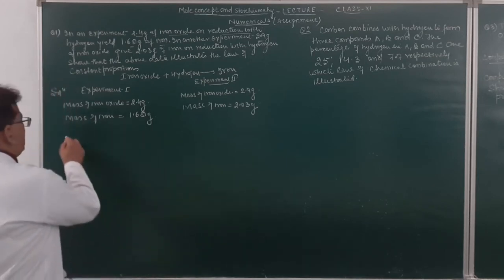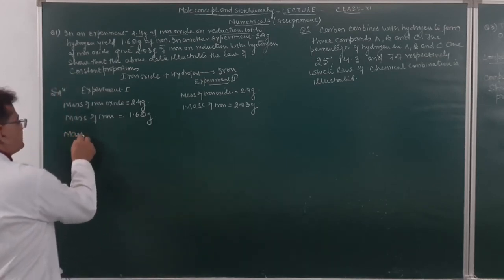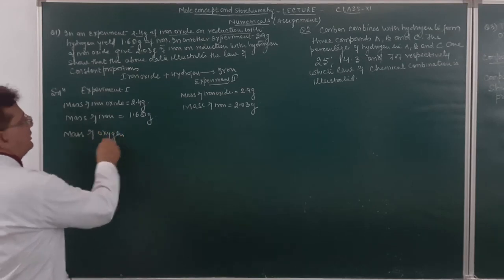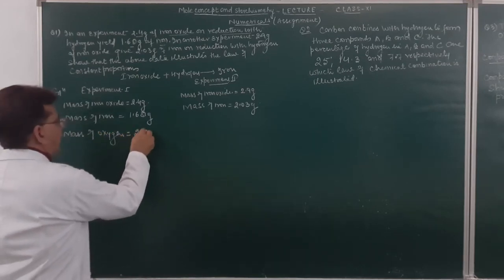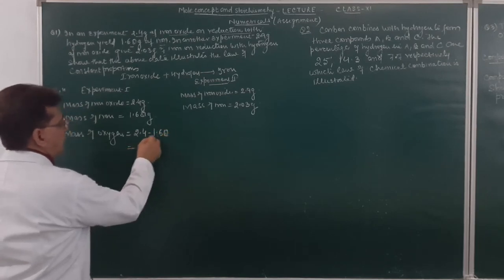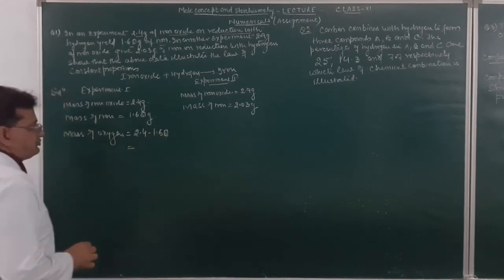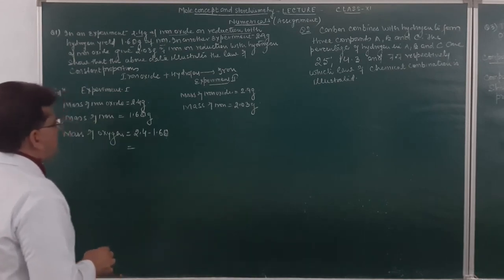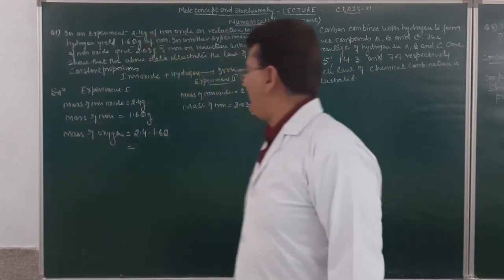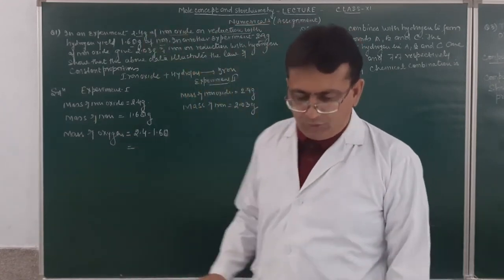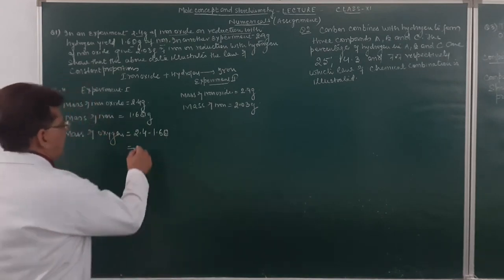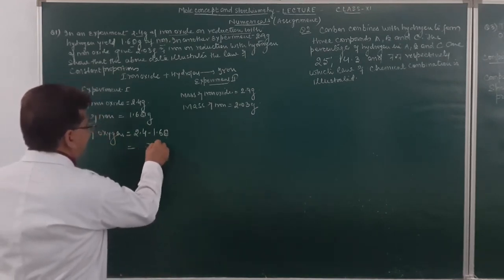If I find out the mass of oxygen over here, mass of oxygen will be 2.4 minus 1.68. And this will come out to be equal to 0.72. Am I clear? So this will be 0.72.